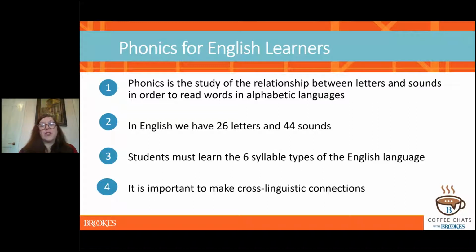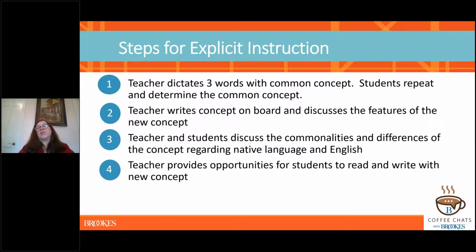But very important to the English language is learning that the English language has 6 syllable types, right? And so it's important to look across languages. What do they know from their native language? How does that apply to learning those 6 syllable types of the English language? And so what are some steps for how I can make this very explicit for my English learners? Well, I can say 3 words, for example, that will really exemplify this common concept.